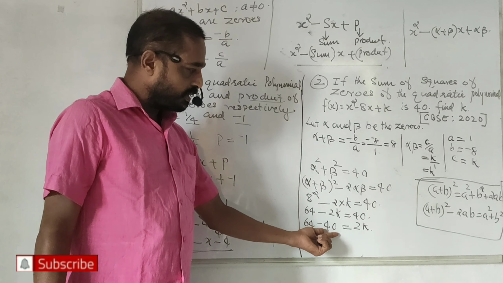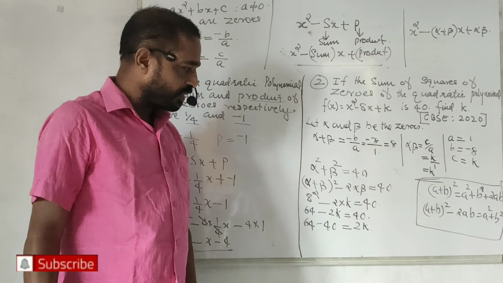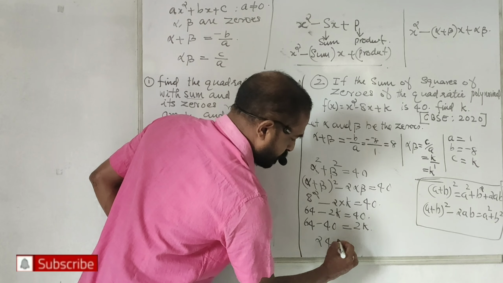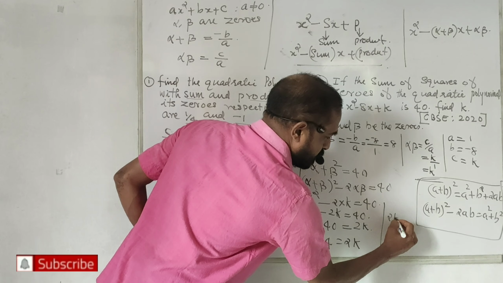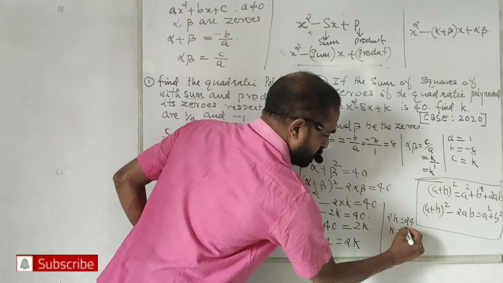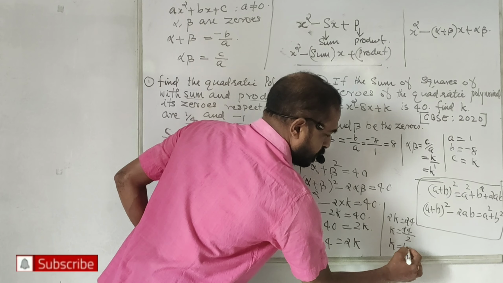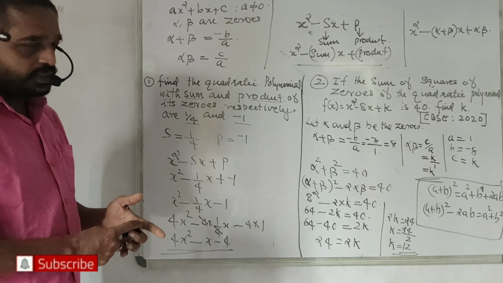So 64 minus 40 is equal to 2k. 64 minus 40 is 24. That is equal to 2k, or 2k is equal to 24. So what will be k? K is equal to 24 by 2, that is k is equal to 12. Is it clear to you?